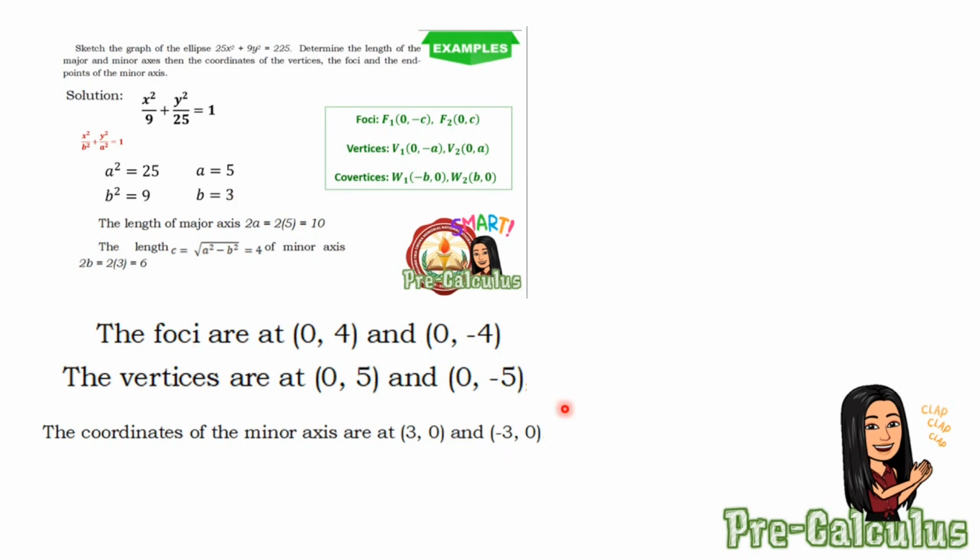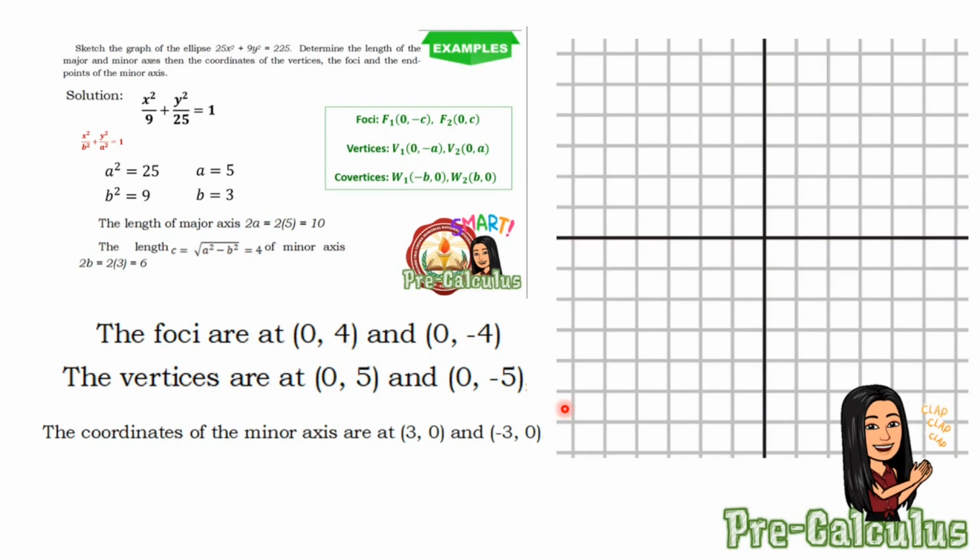Let us graph our ellipse. The foci is at 0, +4 and 0, -4. So 4 units, 1, 2, 3, 4. 4 units above and 4 units below the center. And then the vertices is 5 units above and below the center. Ayan siya.